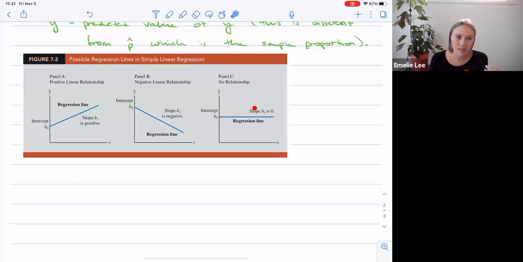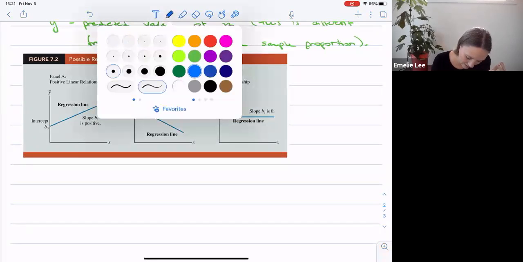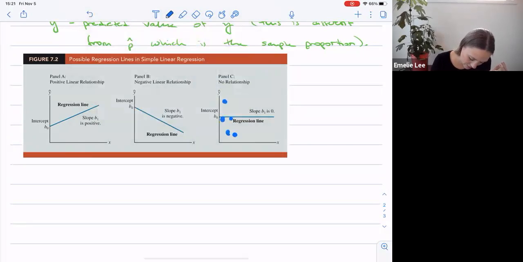The third relationship, I'll put relationship in air quotes because it means there's no relationship. The third option is if you have a slope of 0. And what that would look like is something like just random scatter here.